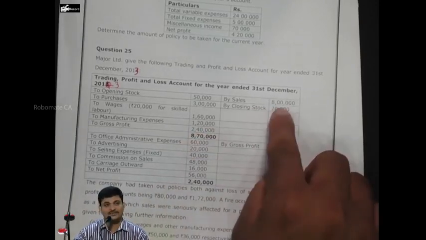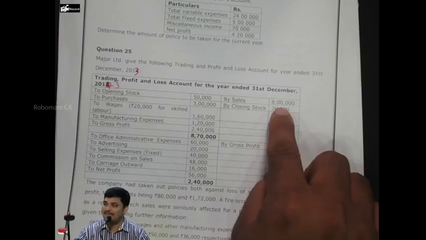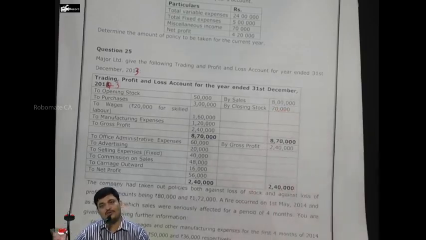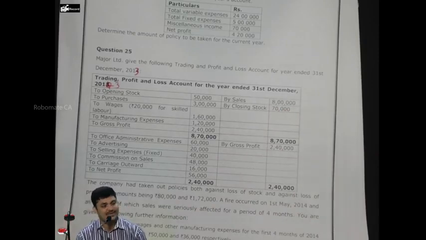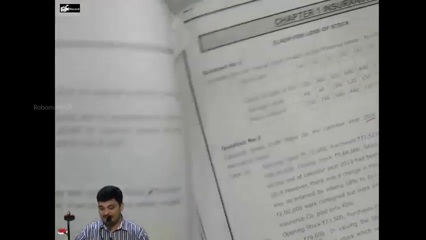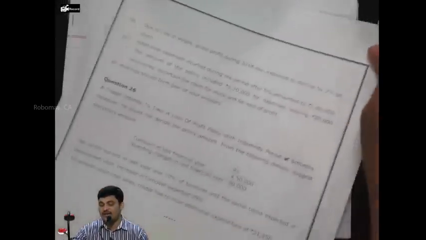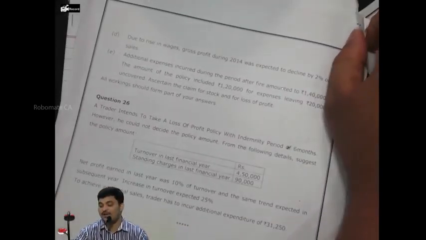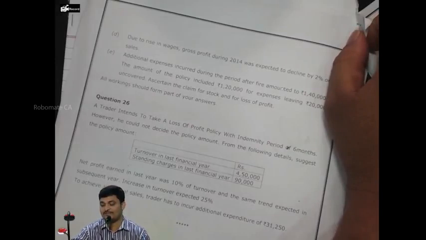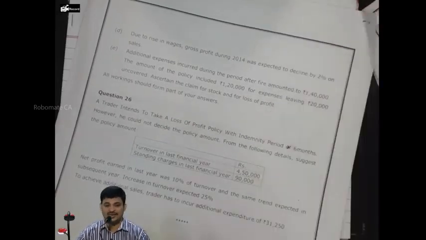What is the sales? So 2,40,000 by 8 lakhs into 100, we get 30%. Everybody, then there is an information given. Due to rise in wages, gross profit during 2014 was expected to decline by 2% on sales. Correct?